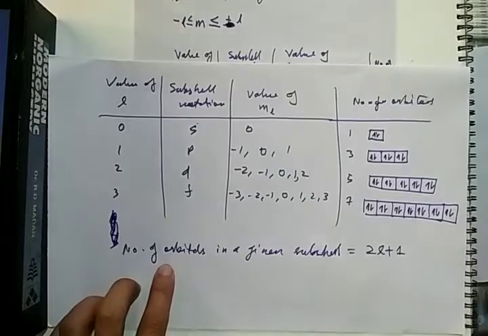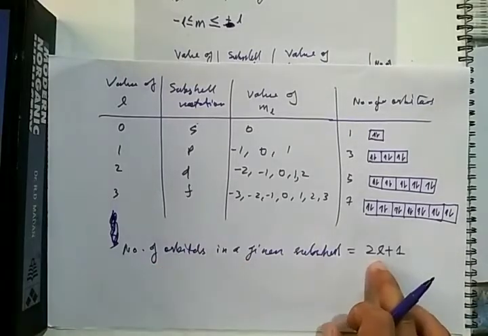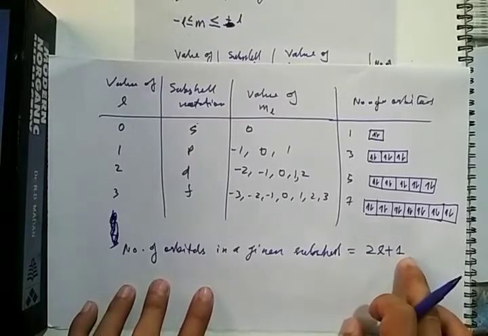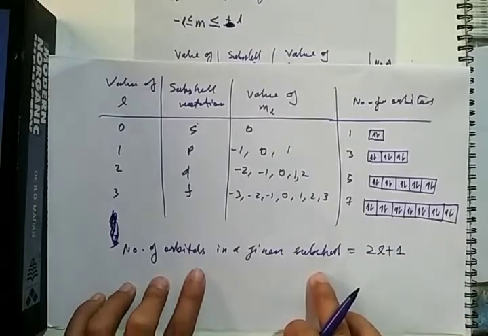So the number of orbitals in a given subshell can be calculated by this formula also, 2l plus 1.